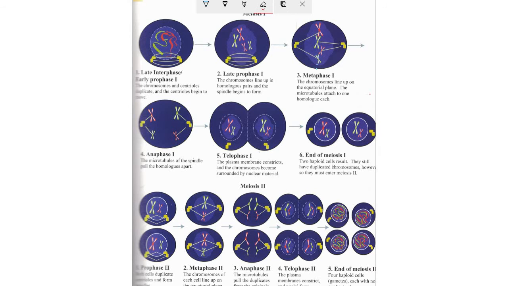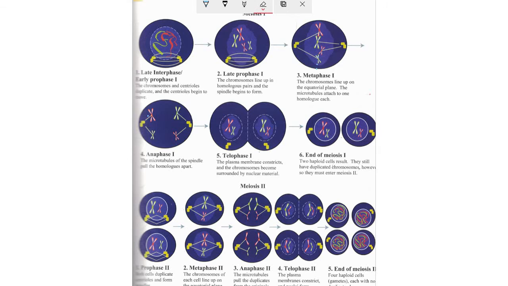And now here's a way that meiosis is different from mitosis. In anaphase, when the spindle starts to pull on the chromosomes, remember in mitosis that it pulled the different halves apart. Well, what happens in meiosis is it doesn't pull the two halves apart.